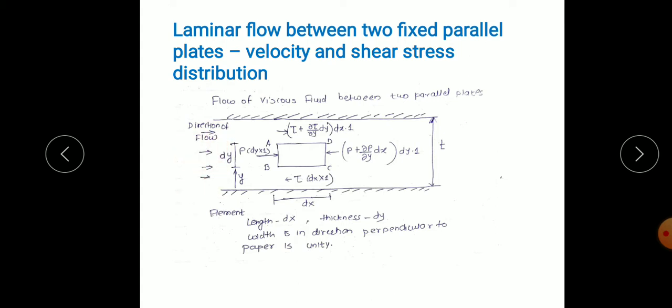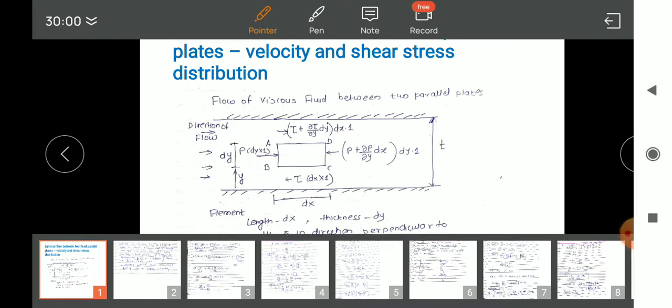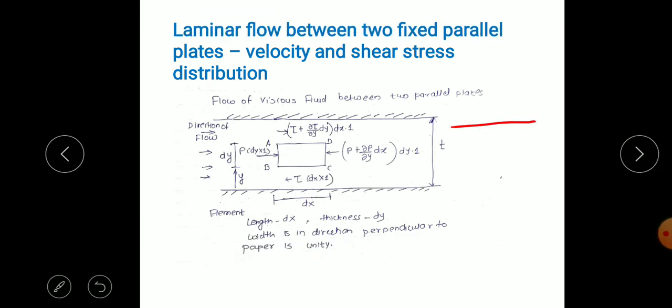Now we have to obtain the velocity and shear stress distribution. As the flow takes place, the plates are stationary. Suppose this is a stationary plate, and the fluid comes in contact with it. The particles near the wall have zero velocity by the no-slip condition, and particles at the center move with the flow velocity.